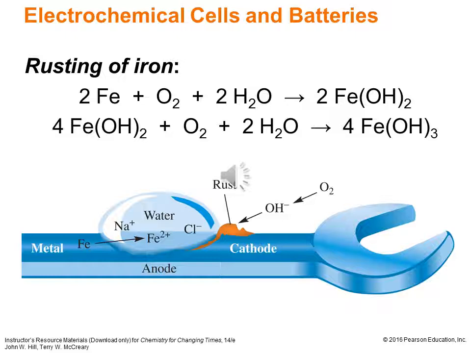And that's why we are one of the Rust Belt states, because we do add salt to the roads in the winter time to melt the ice, and that gives rise to our vehicles rusting much more extensively than vehicles driven in states that are not in the Rust Belt, states that don't add salt to their roads. So it's a consequence of living in the Northeast and enjoying these beautiful winters, is we do greatly enhance the process, the electrochemical rusting of iron.